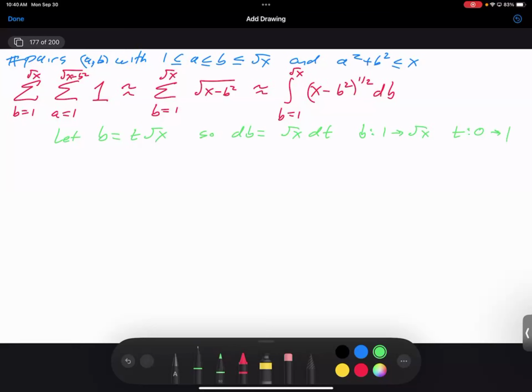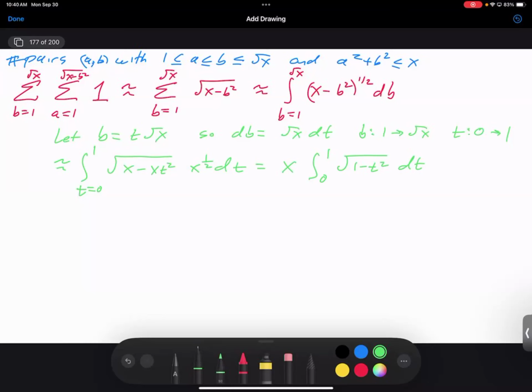So our sum is approximately the integral, t goes from 0 to 1, of the square root of x minus xt squared, x to the 1/2 dt. I can pull out an x from the square root, which gives me an x to the 1/2 times x. So that's going to give me x, then the integral from 0 to 1 of the square root of 1 minus t squared dt. And notice I'm trying to count how many pairs there were.